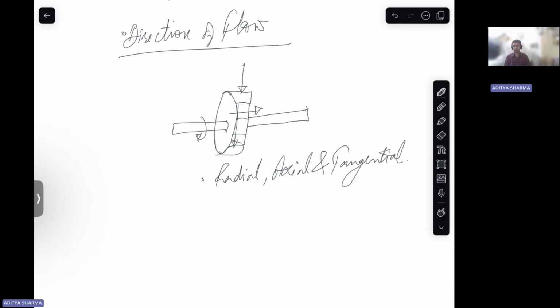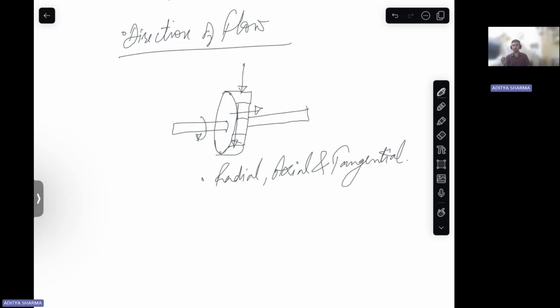And based on the way flow enters and exits the turbine, we define different types of turbines. So if the flow is tangential, we call it the Pelton turbine. If the flow is axial, it is the Kaplan turbine or propeller turbine.